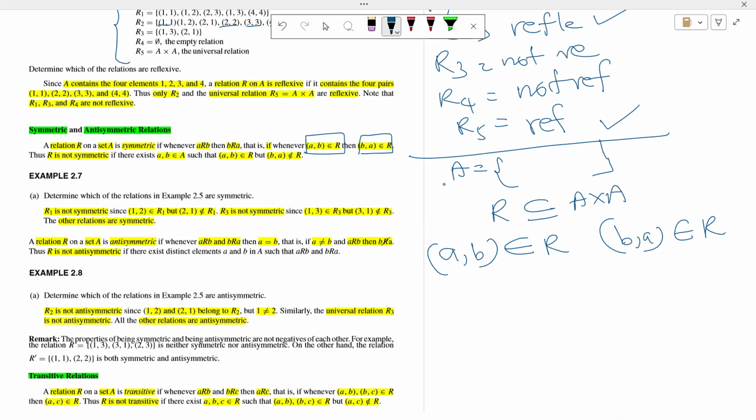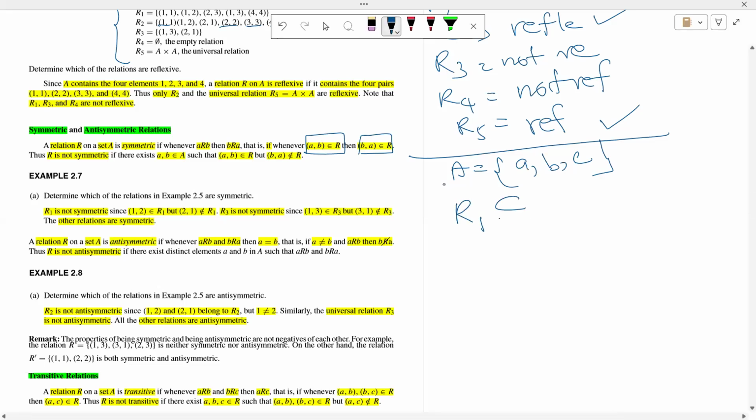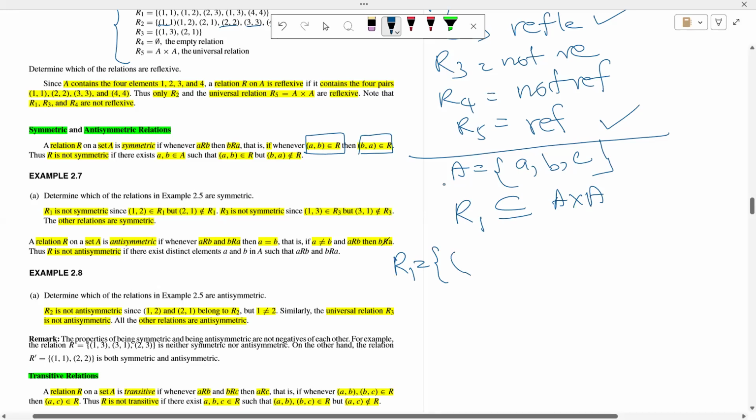Just think about it this way; I will explain. A contains three elements, A, B, and C. R1 is a relation, a subset of A cross A. Now I am writing R1: the ordered pairs are A comma B, A comma C, A comma A, and B comma A. This is my relation R1, with four ordered pairs.